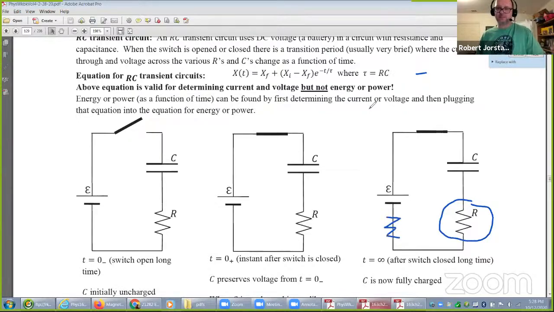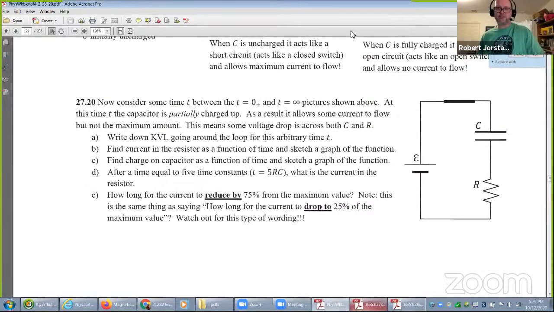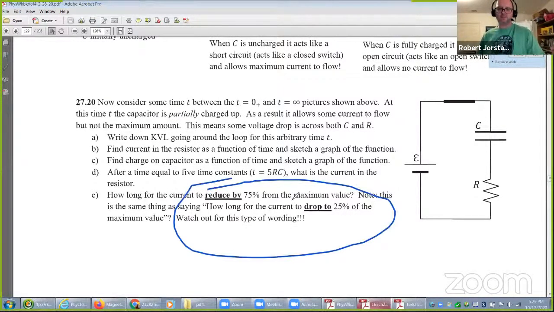Down here, we learned you have to watch out for this kind of wording. Be clear when you're reading these wordings. If I say something changed by 1%, double or triple check: did I say drop or reduce by? We've learned that after 5 time constants, less than 1% of the change remains, so basically 99% plus has happened already.